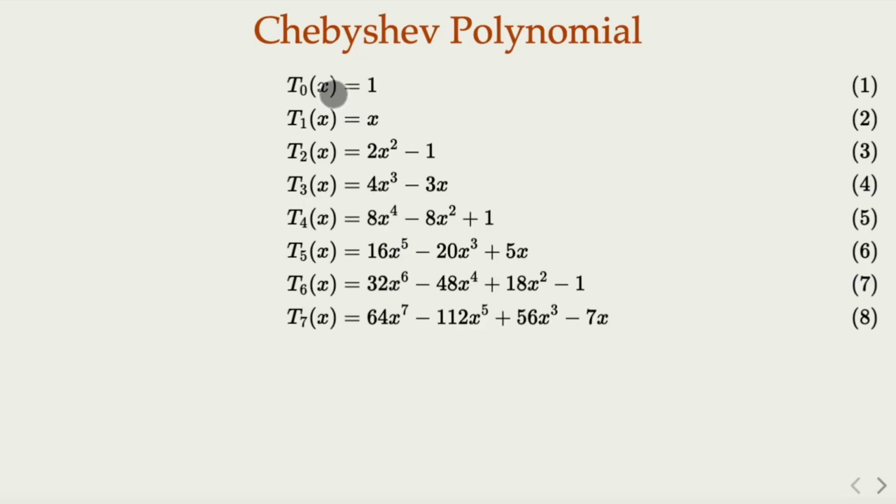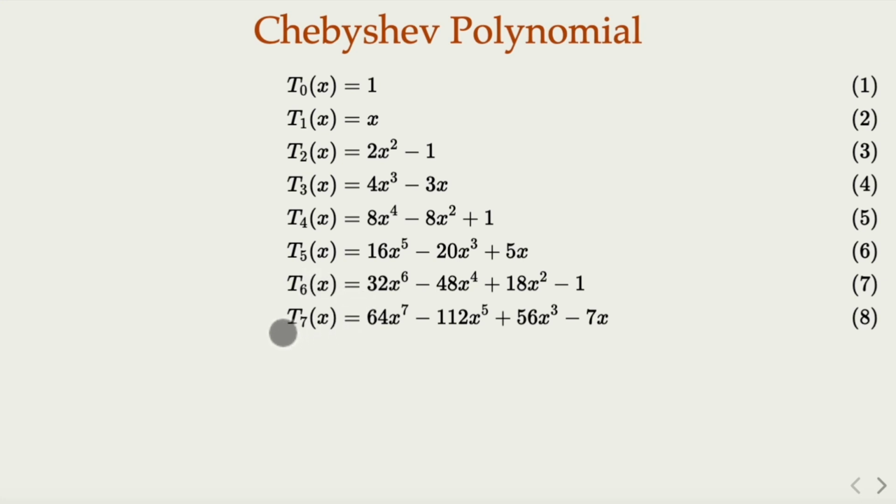So the first few polynomials are as follows. T0, of course, is 1, and T1 is itself cosine theta, and for cosine 2 theta, we know that it's 2 cosine squared minus 1. And for T3, you can use the trig formula. Eventually, you can get this.